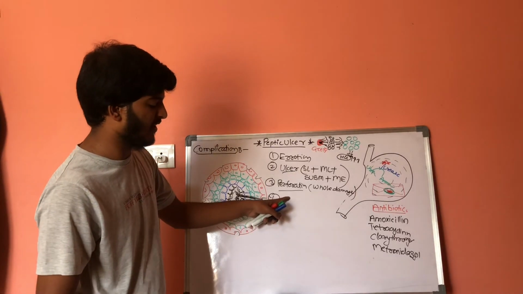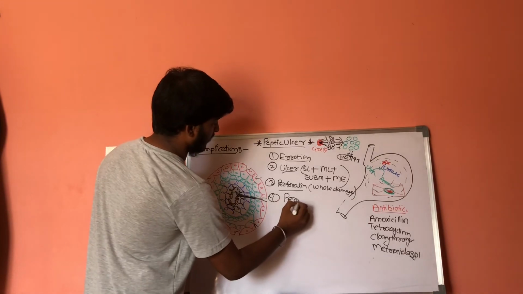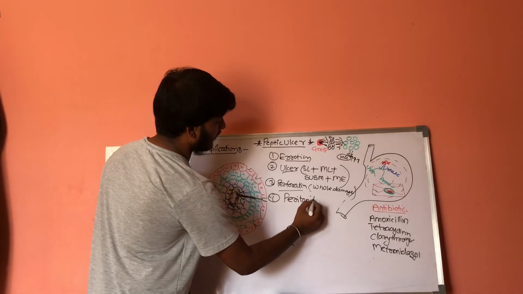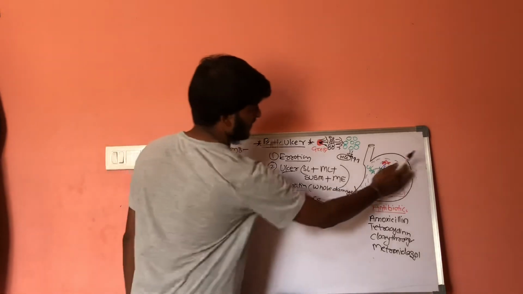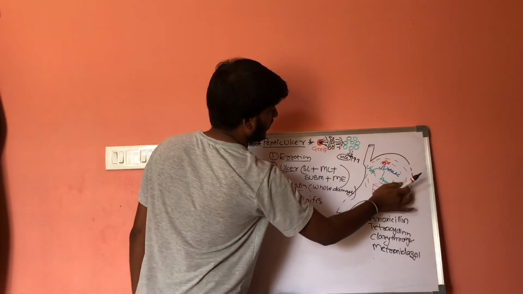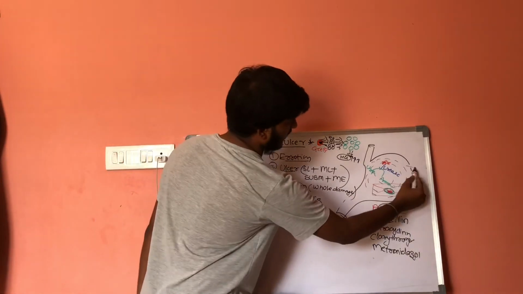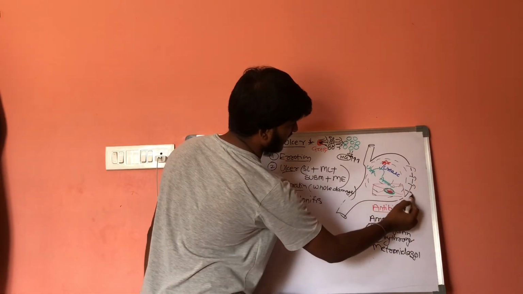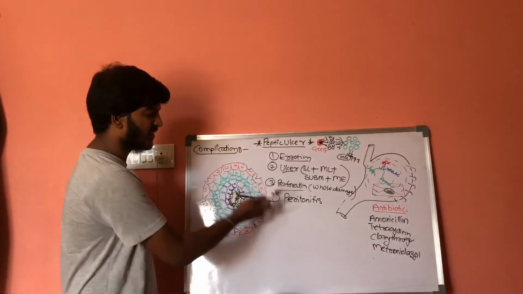The next complication is peritonitis. What does peritonitis mean? If perforations are present, with multiple holes, whatever food we take will be expelled into the peritoneal region. Food entering the peritoneal region results in peritonitis.